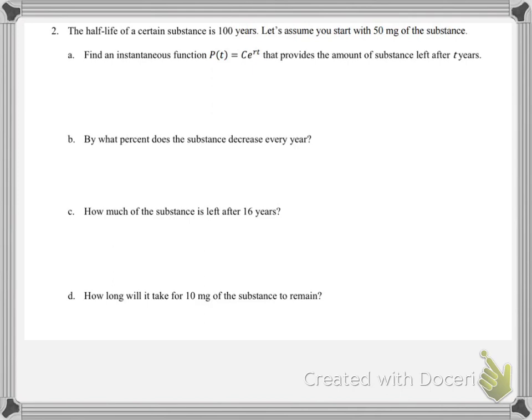So if we say t and p of t, the first point we'll use is just our y-intercept, so 0 and 50. And then what's another point that I know is going to satisfy this model?